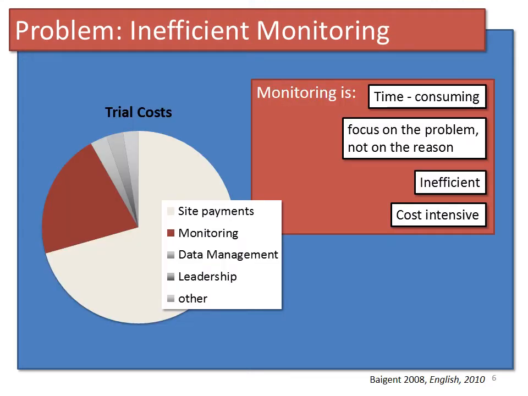The third problem is inefficient monitoring. 20 to 25% of the complete trial costs is invested into monitoring. In a multi-center trial, you send a data manager to other sites to investigate the structure and the process and maybe to get to 95% of all problems.